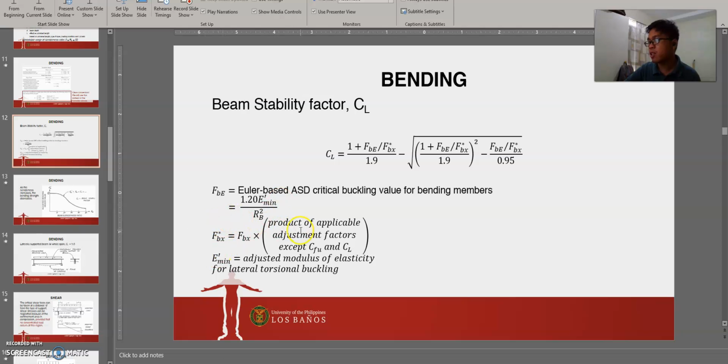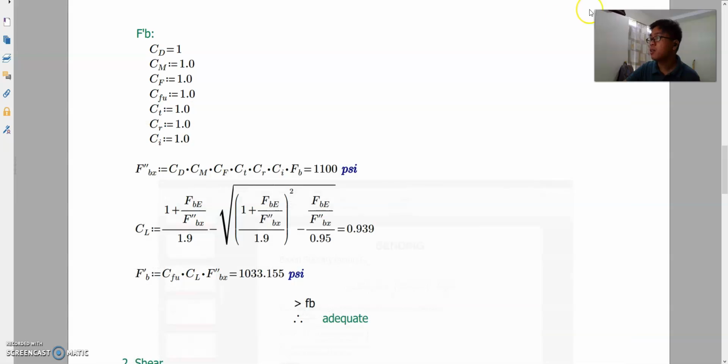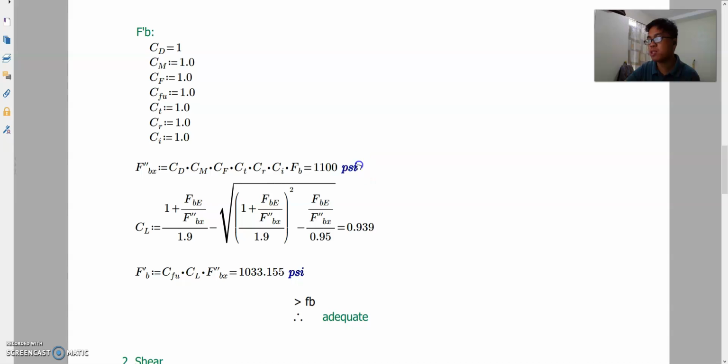Fb star is just all of the applicable adjustment factors except CFU and CL times Fb. And I cannot write Fb star in the software, so I wrote Fb double prime. That would be our Fb star, okay? So all of the adjustment factors except CFU and CL multiplied by Fb, of course. So that is 1,100 PSI.